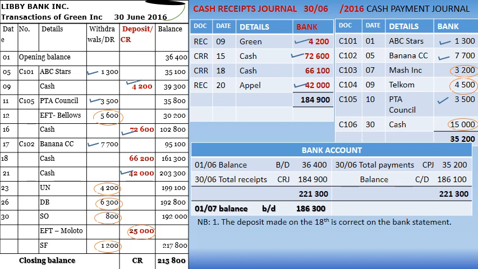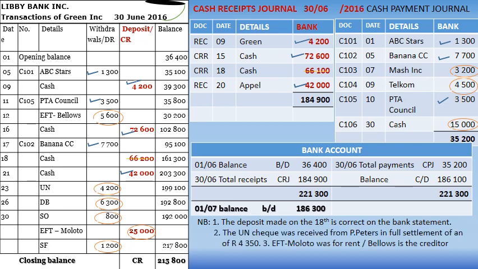The first note reflects the deposit made on the 18th as correct on the bank statement. In other words, the amount was understated in the cash receipt journal. Therefore, when we do the reconciliation, we will have to take the difference into account.